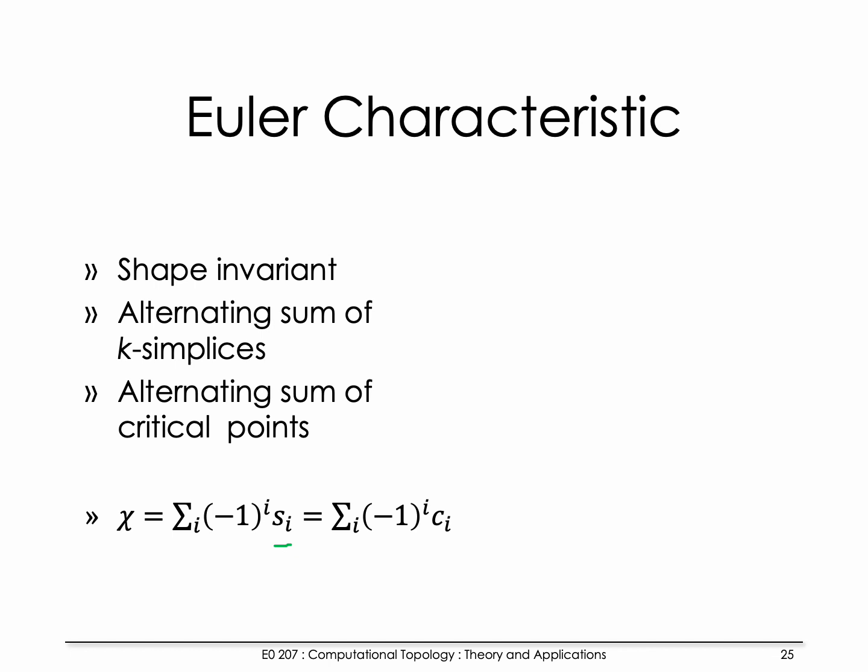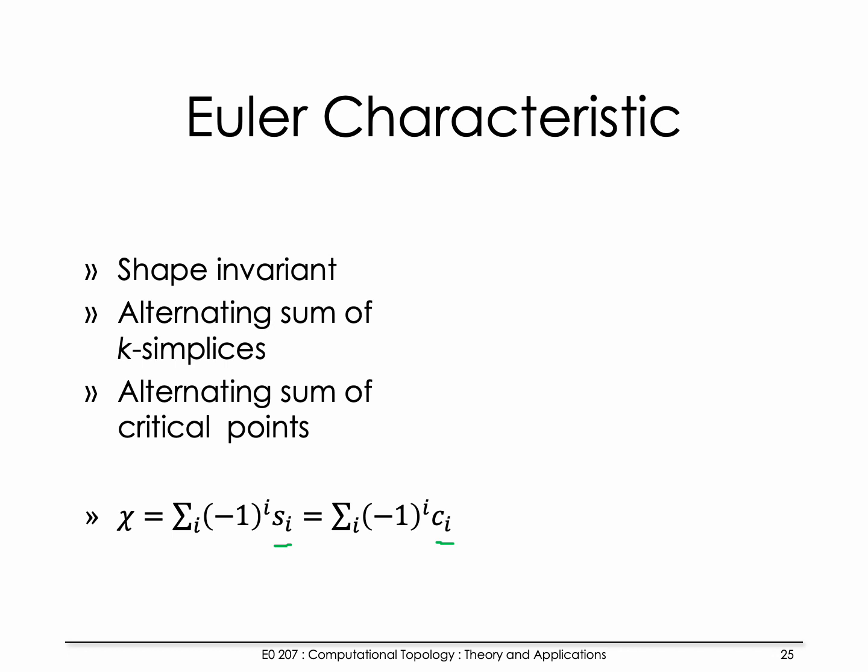So S sub i here denotes the number of i simplices. You saw that it was also equal to the alternating sum of the Betti numbers. What you see here now is that the Euler characteristic can also be written as the alternating sum of the critical points C sub i, where C sub i denotes the number of critical points of Morse index i.